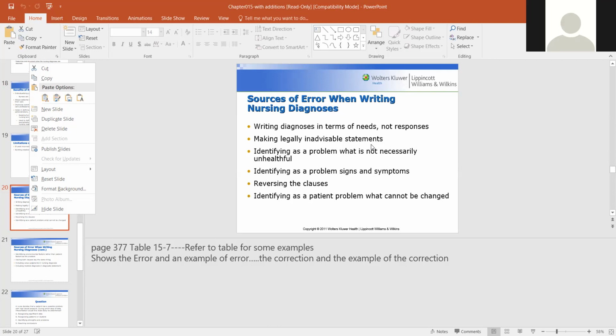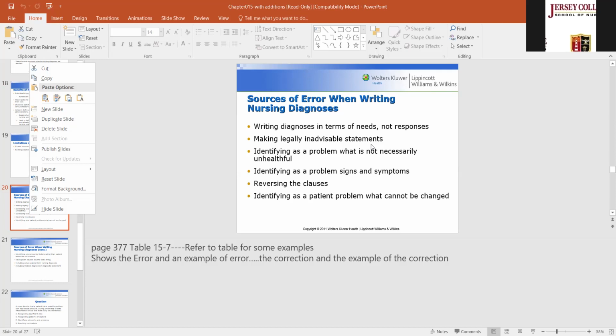We don't want to make legally inadvisable statements. So you don't want to say things to the patient that are going to get you caught up in a court of law. Be careful what you say. When you're talking to someone about their problems, sometimes just saying that it's not healthy is not good enough.